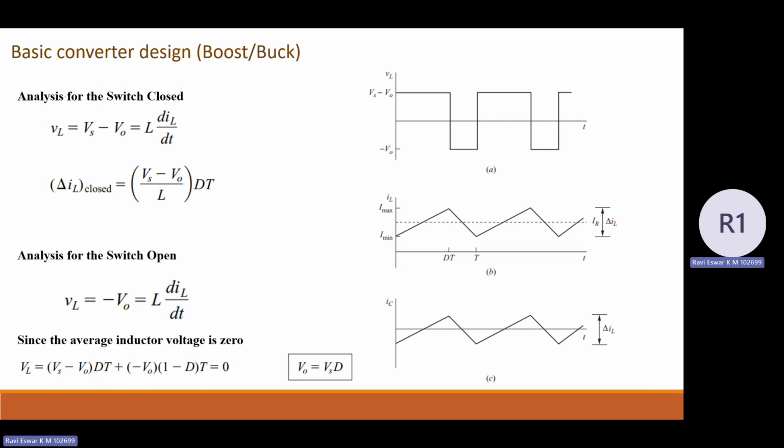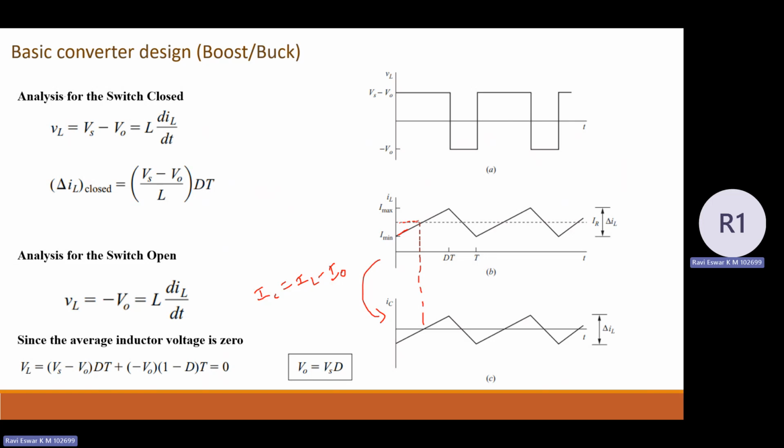Now let us see the capacitor current. How does the capacitor current need to be drawn? IC equals IL minus I naught. If you see this particular instant till here, IL is less than I naught.